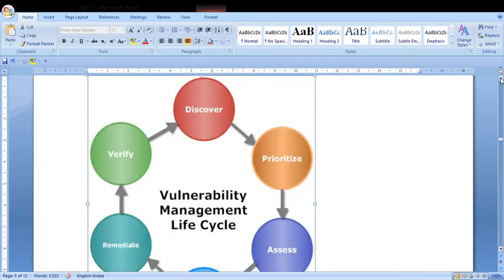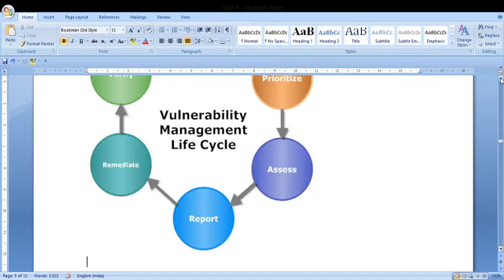That is not okay. How will the vulnerability management life cycle be? First, we have to discover what problem we are having and give more importance to which one, with prioritization, in the sense of which one is first, which one is second. Then assess, we have to assess which one is more important.